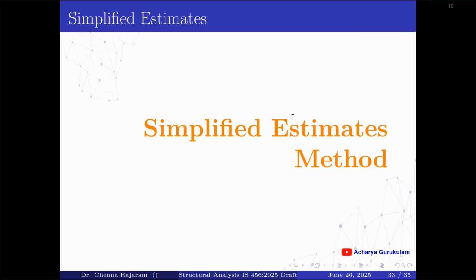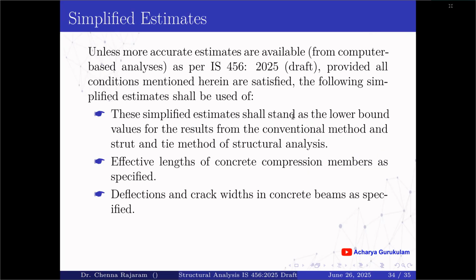The last one is the simplified estimates method. Unless more accurate estimates are available from computer-based analysis as per IS 456 2025 draft, provided all conditions mentioned here are satisfied, the following simplified estimates shall be used.